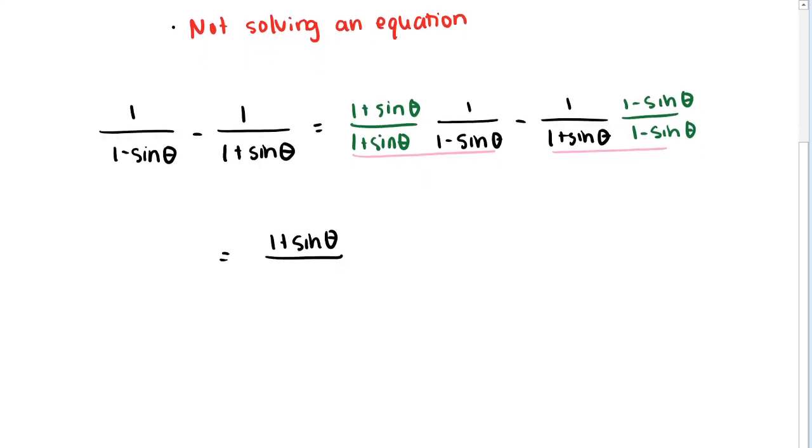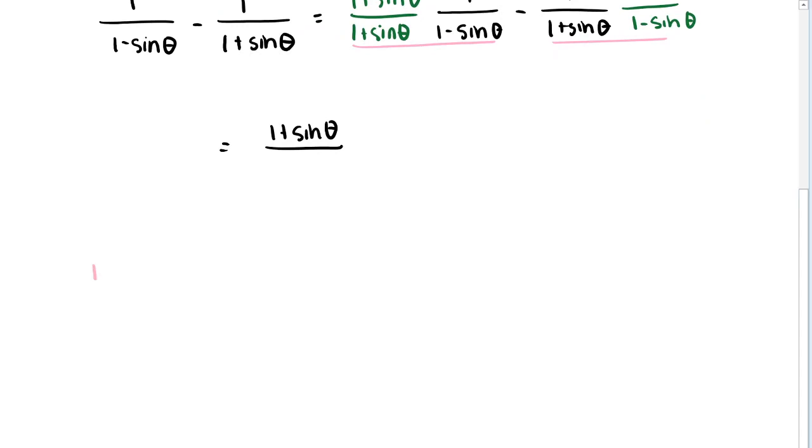And then this denominator, it might not be so apparent at first, but let me go ahead and rewrite this down here so that it's clear what this is equivalent to. So if we multiply 1 plus sine of theta and 1 minus sine of theta, what we have here is a difference of squares. If we have 1 times 1, and 1 times minus sine of theta, and 1 times sine of theta, and then lastly sine of theta times minus sine of theta gives us minus sine squared of theta, we get this cancellation here.